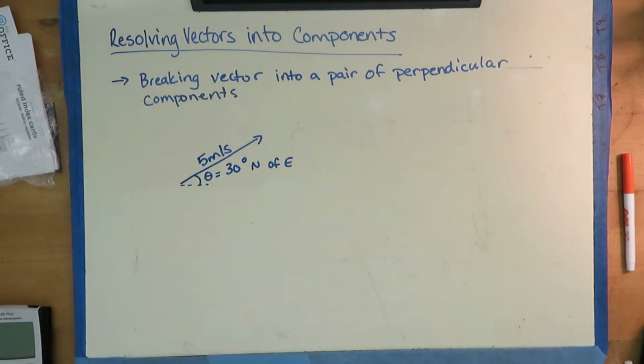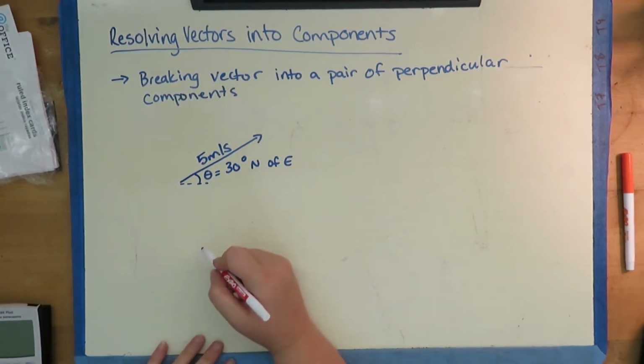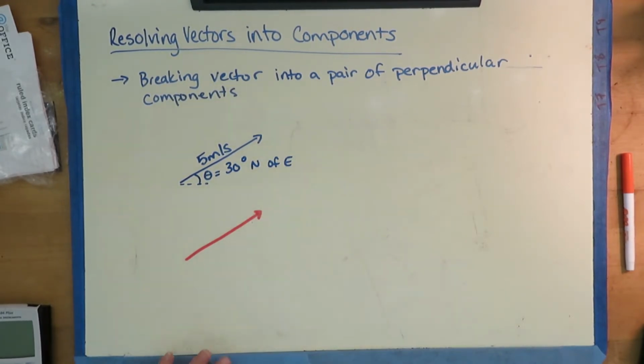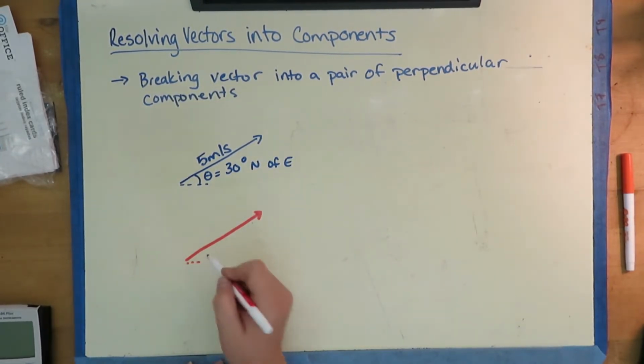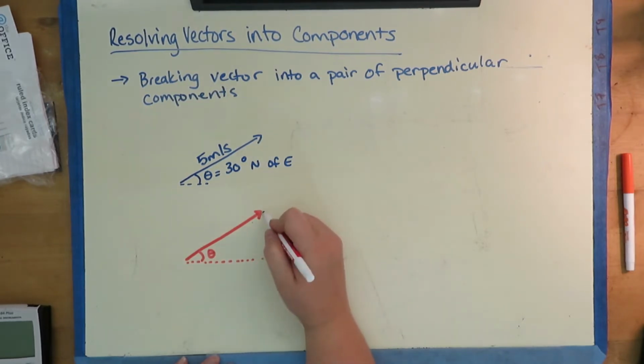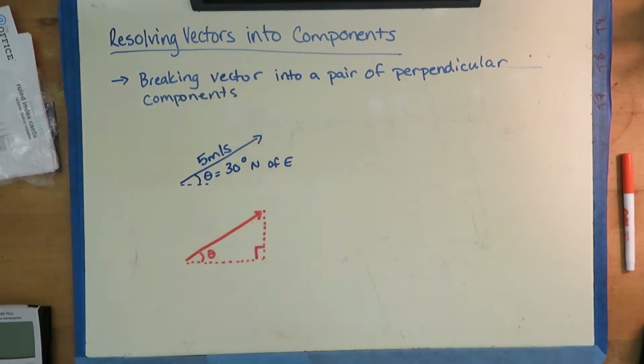What I can do is take that triangle that I have here originally, keep your angle theta there, extend out your reference line and drop that vertical down just like you did in the summer assignment to make a 90-degree right triangle.